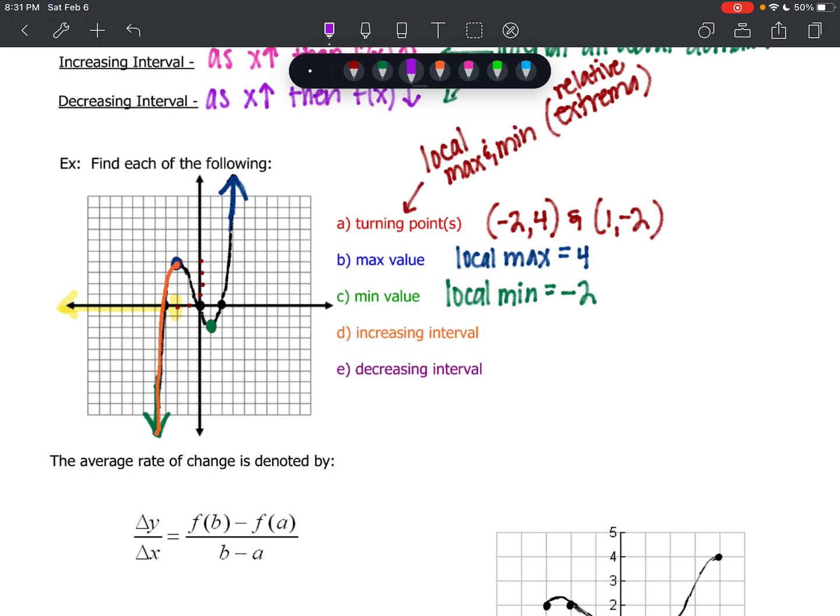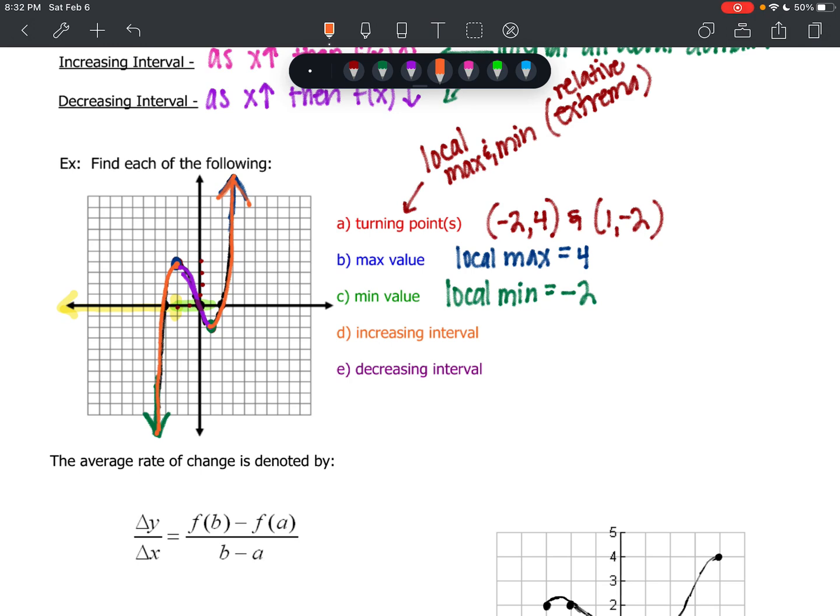And then it turns and it starts decreasing. So it's decreasing from one turning point to the next turning point. And then it turns around and it starts increasing again. It's like a roller coaster.